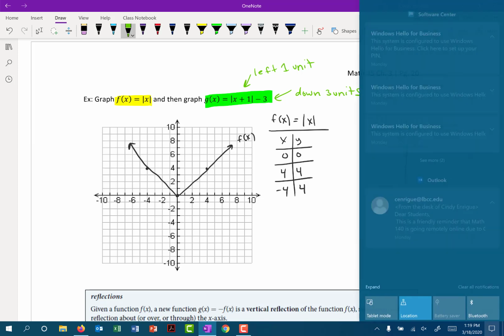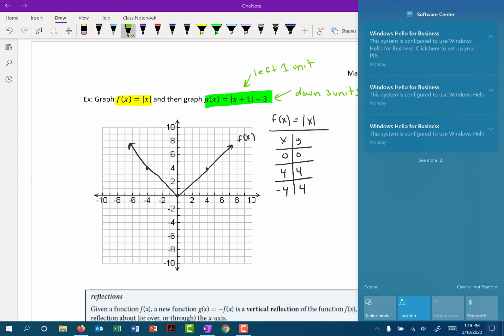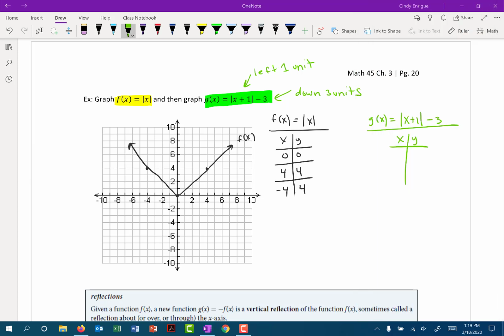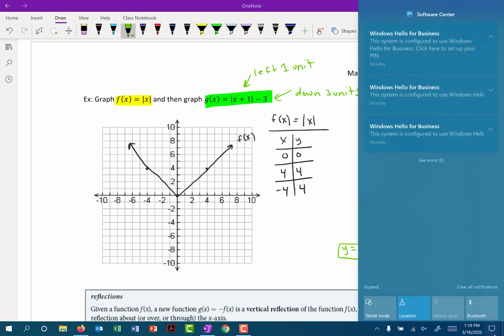And you can also get your points by graphing this on your calculator. So you can go on your calculator to help you with points if you really need to. So if you go to your y equals, you're going to input your equation. So that equation, sorry there guys, I keep getting this.